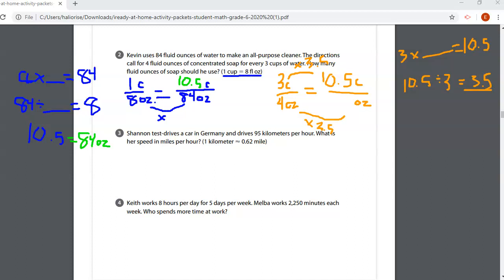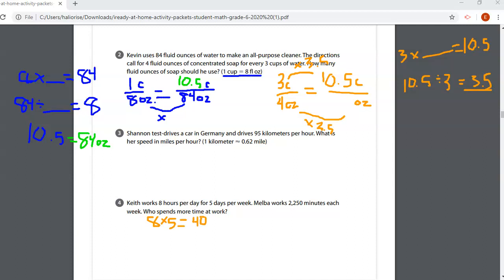But the tricky part is this is telling you how many hours per day Keith works, and this is just a total. So if Keith works 8 hours per day for 5 days per week, then we know that per week Keith will work 8 times 5, which is 40 hours. So he works 40 hours per week.